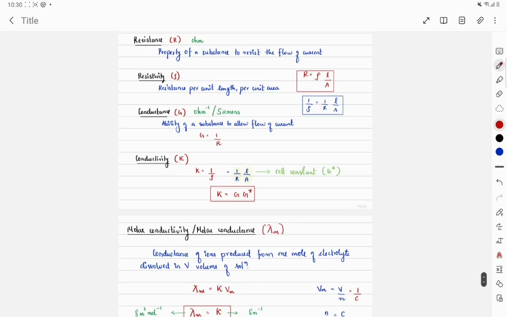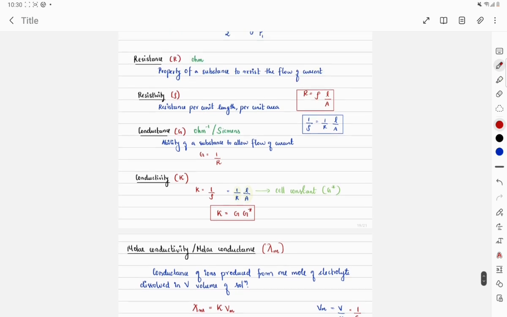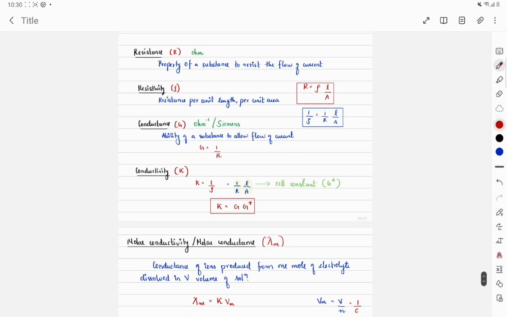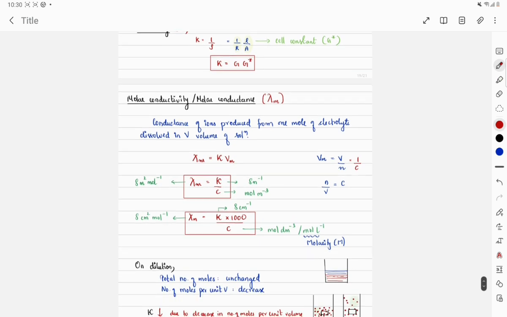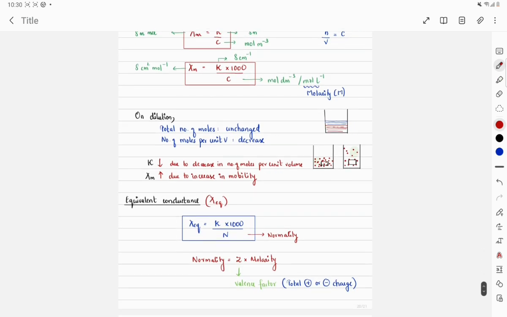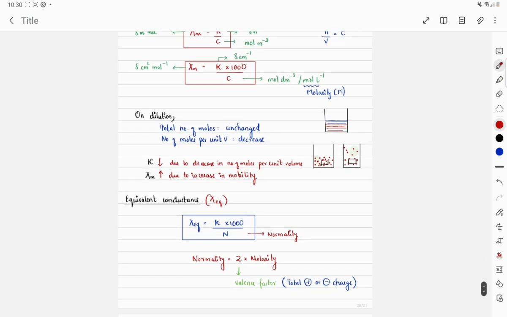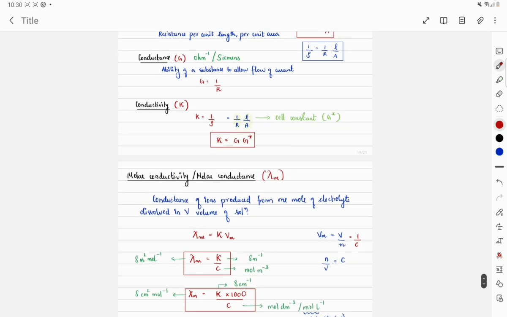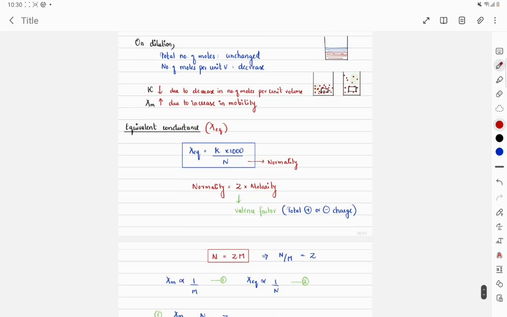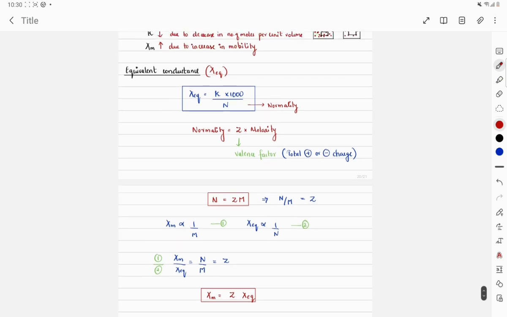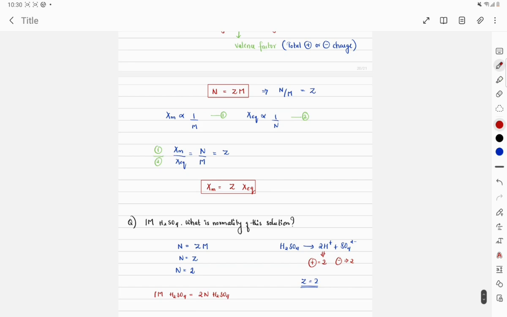Then we studied some basic terminologies related to electricity: resistance, resistivity, conductance, conductivity, molar conductivity or molar conductance, and equivalent conductance or equivalent conductivity. One important term is the cell constant G star. It is equal to L by A. And we also studied the relationship between normality and molarity, also lambda M and lambda EQ.